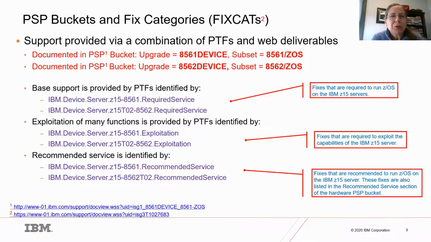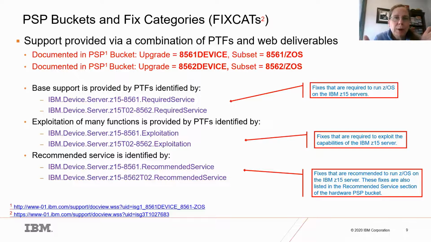So one of the most important things we have are the PSP buckets, and in the PSP buckets, we have identified the necessary service. But what we've done for z15 is a little bit different than what we did for the z14. In z14, we had listed all of the specific PTF numbers and also identified them with the fixcat. What we did in the z15 was we cut the cord here. We said we're only going to document the fixcats, and you must use those fixcats to then identify the PTFs that you need.